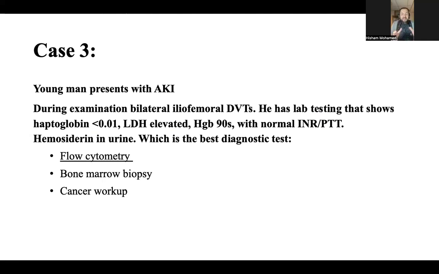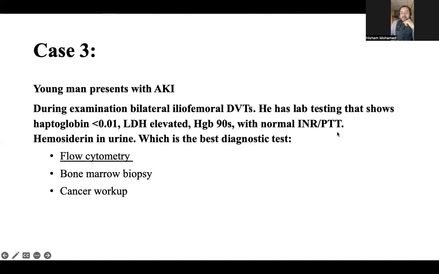It's like a renal case. We have an acute kidney injury with this patient, no clarity about age or gender, but we have DVT, we have thrombosis with hemolysis. LDH high means hemolysis. And we have consumption of haptoglobin, which means we have intravascular hemolysis.